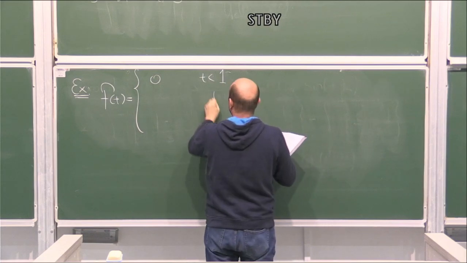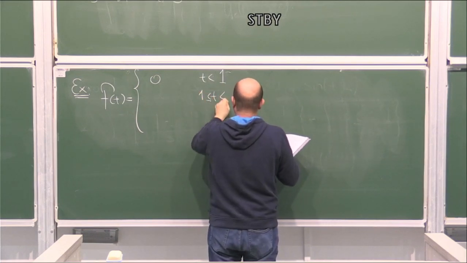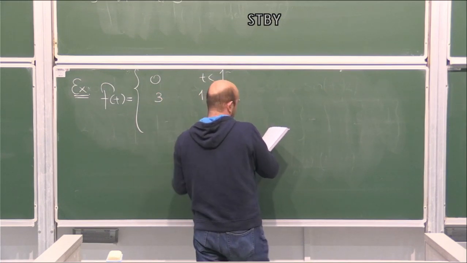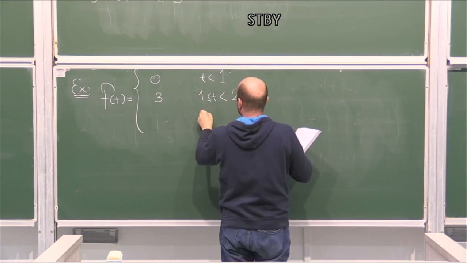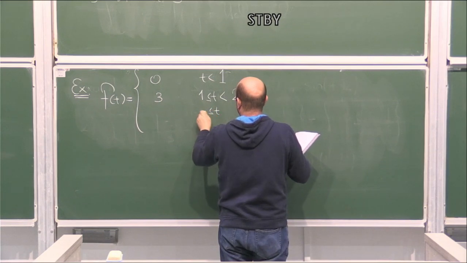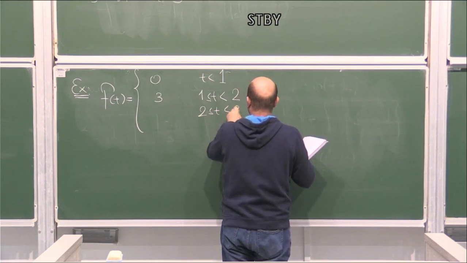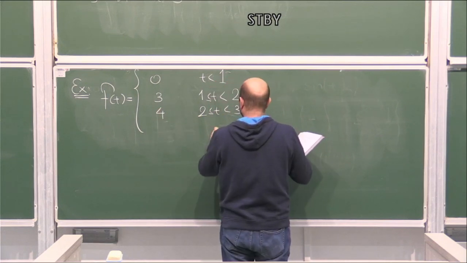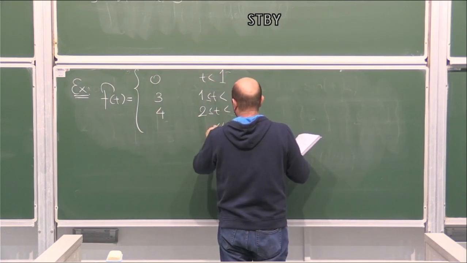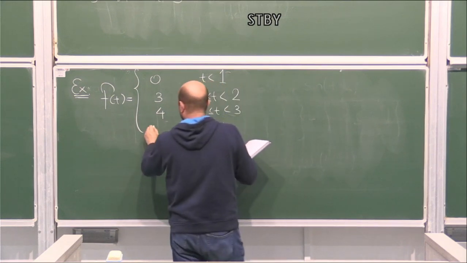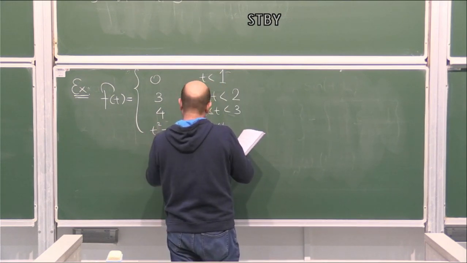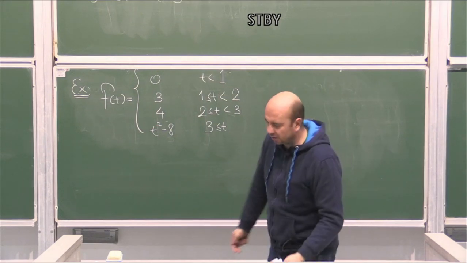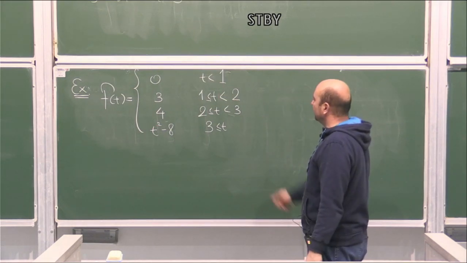When it is between 1 and 2, it's constant, which is 3. When it is between 2 and 3, it is 4. And when it is bigger than 3, it is t squared minus 8. Okay, this is the thing. If you want, you can graph this signal, but I will not do it.